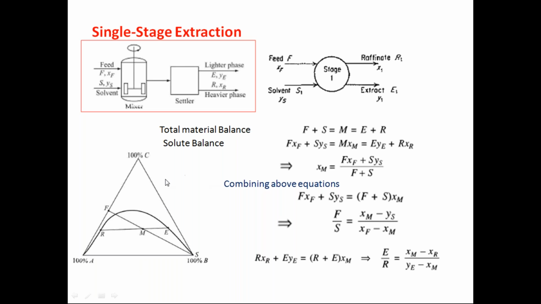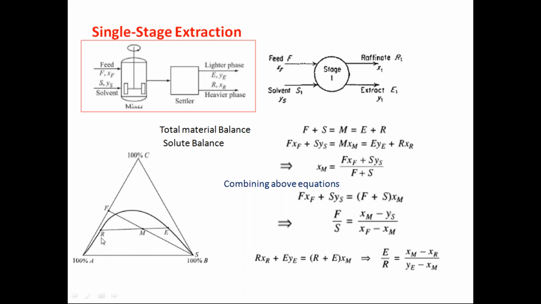For example, if this is the feed, you see, this height indicates the xF value, because if you go vertically to the apex of the peak in an equilateral triangle, starting from C0, you are reaching C100 here. So on this line, C is 0.